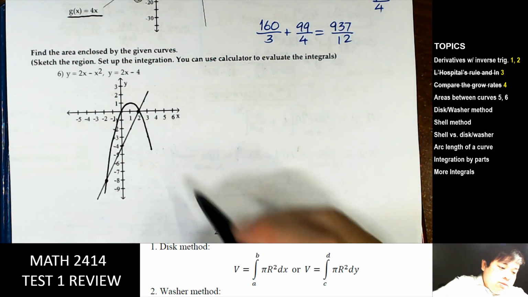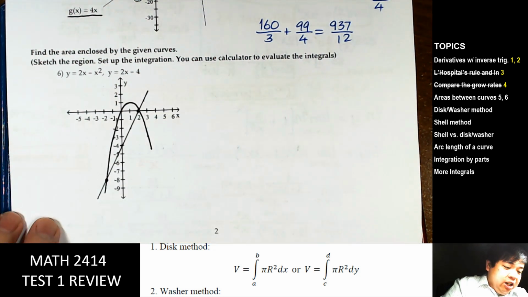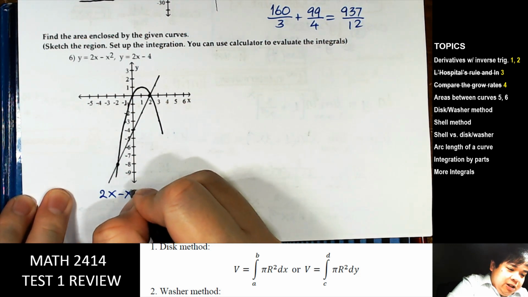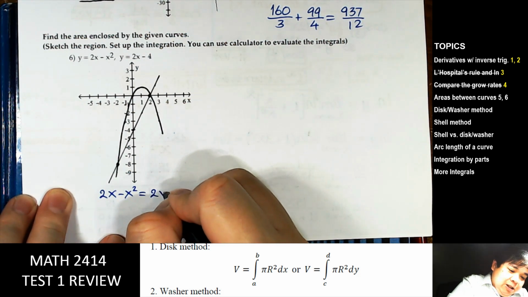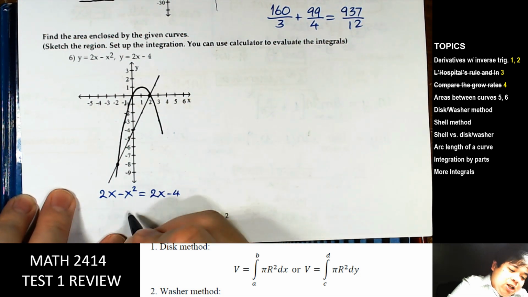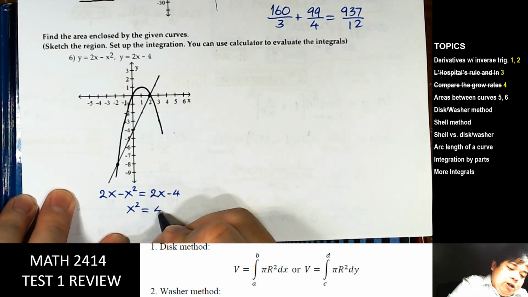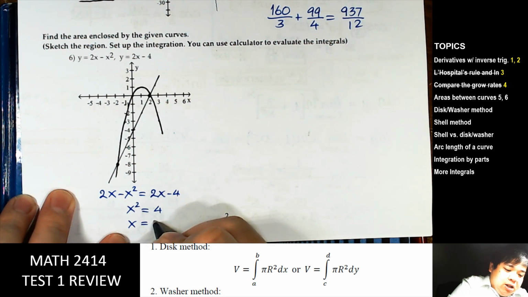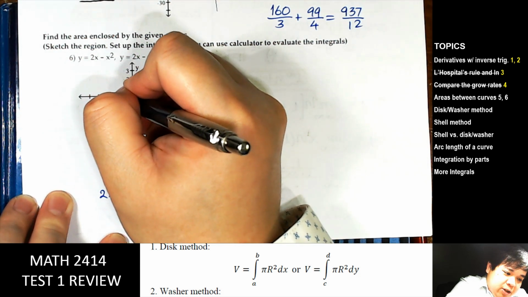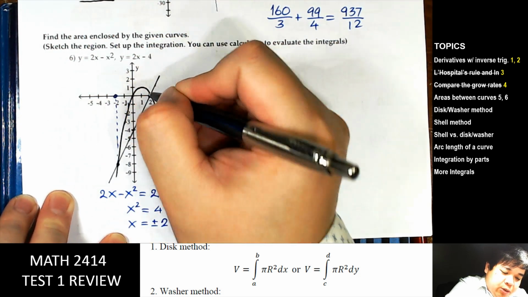And then the intersection. If we need to find the intersection, we just let the two functions equal each other. 2x and 2x cancel out, x squared equal to 4. So x equal to plus or minus 2. Of course, the intersection will be at negative 2 and at 2.